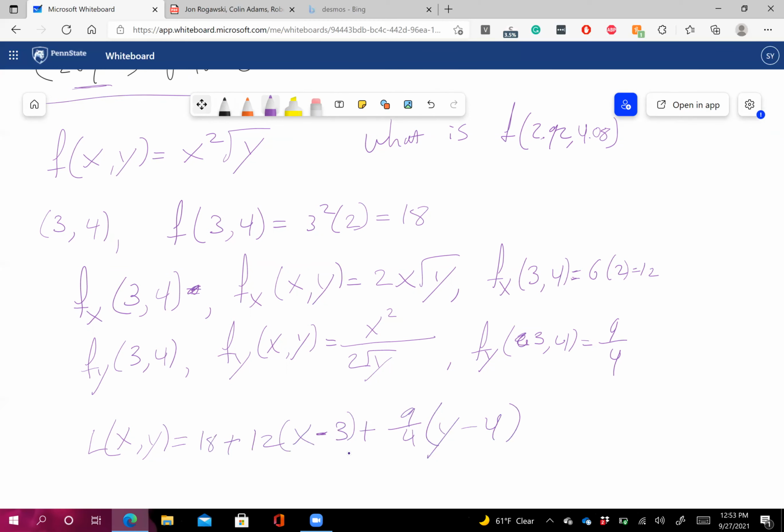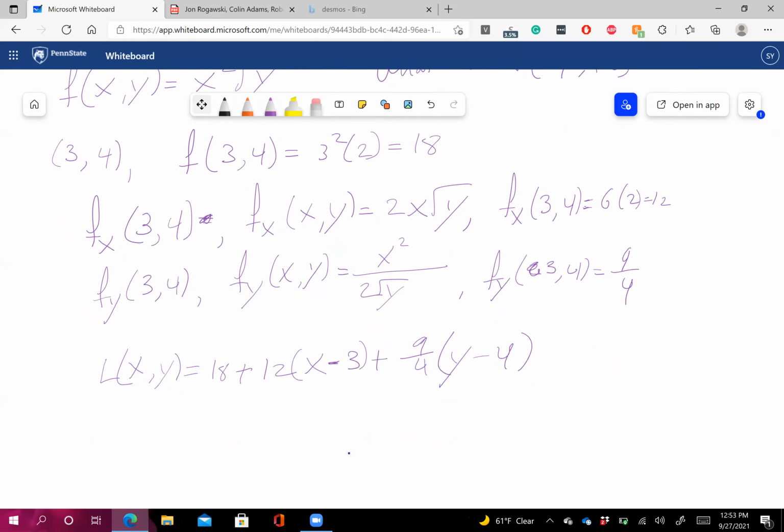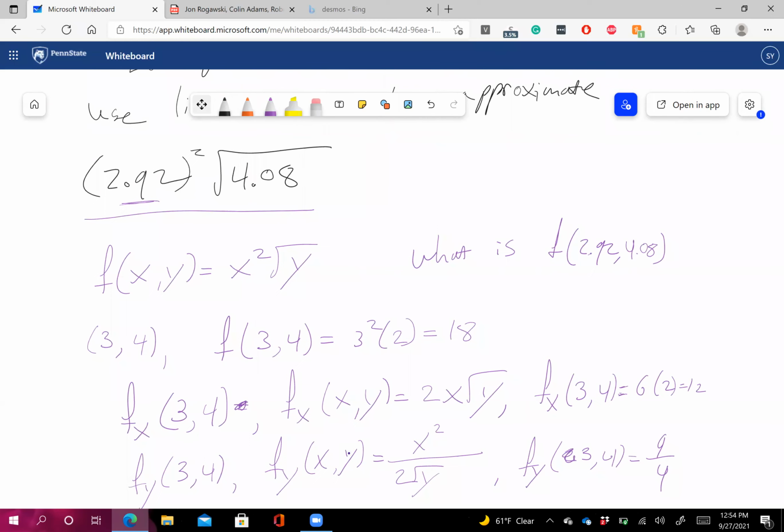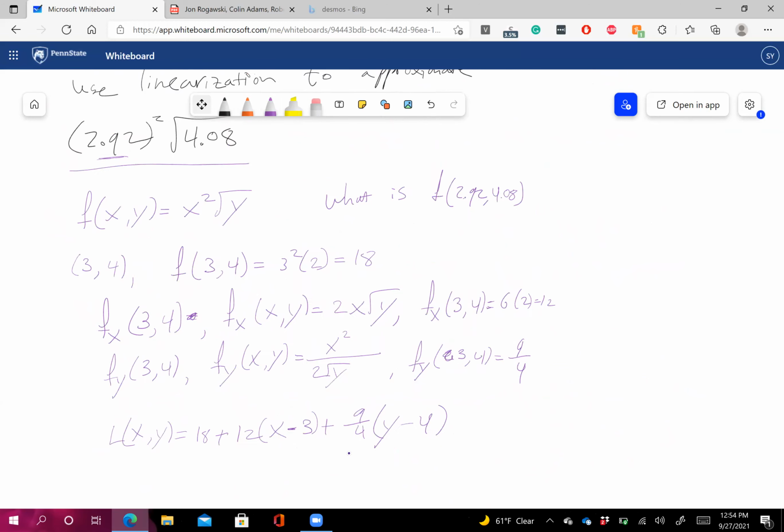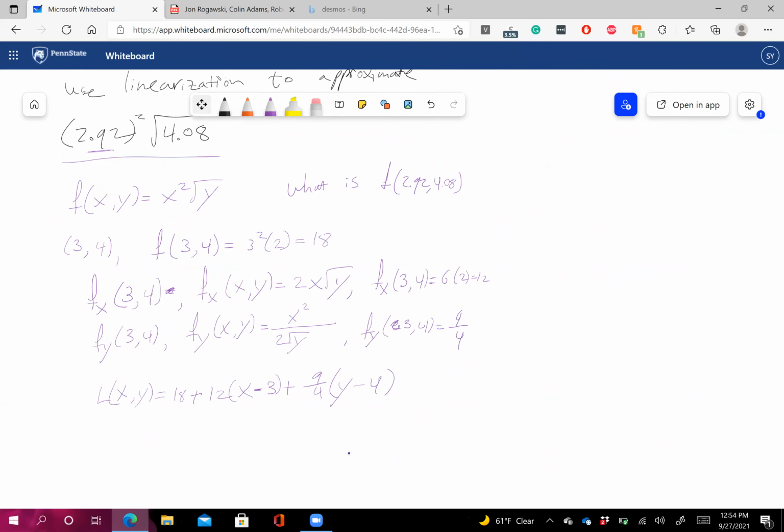So now if we wanted to find the values that we were looking for, which were 2.92 and 4.08, we can just plug them into our linear approximation.